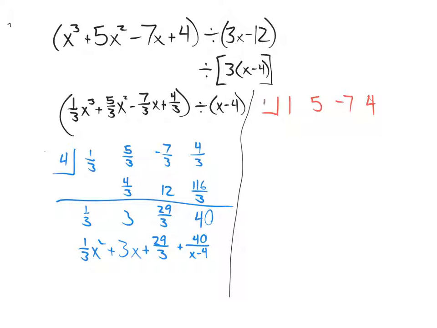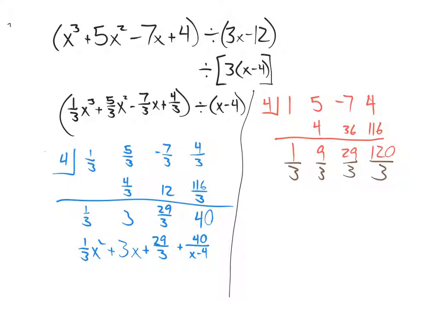I'm still using k equals 4. So now I bring down 1, 4, 9, 36, 29, and 116 and 120. Now I've got to divide all those by 3. Okay? So here's the divided by 3 part.